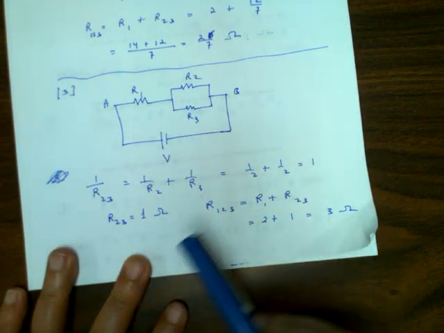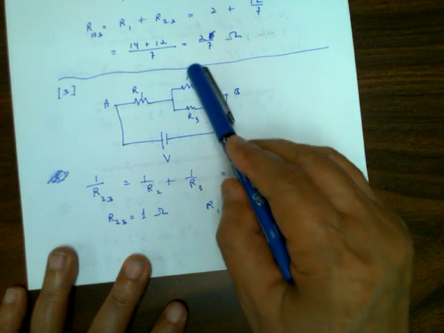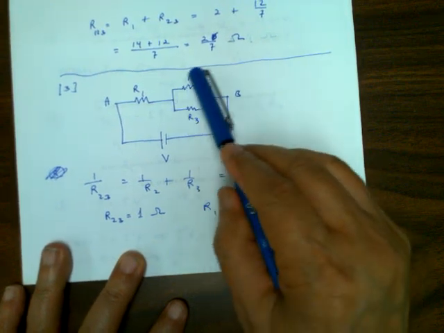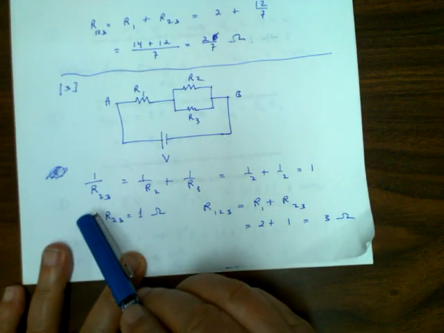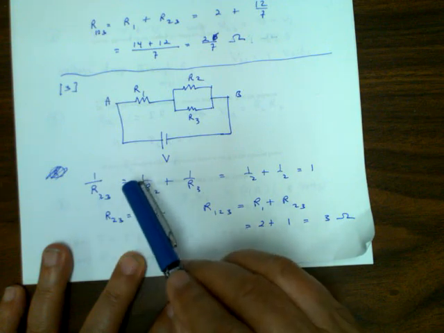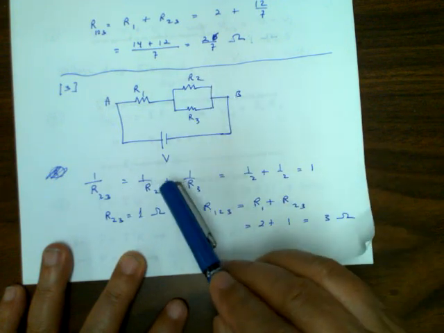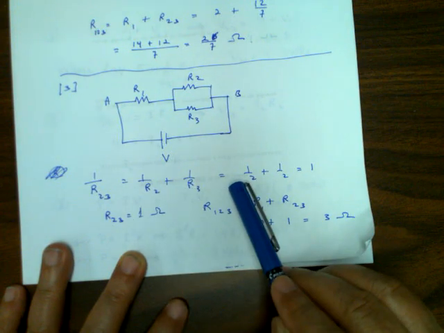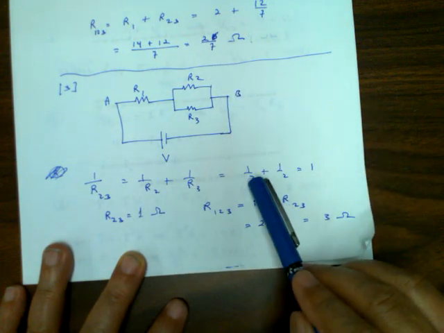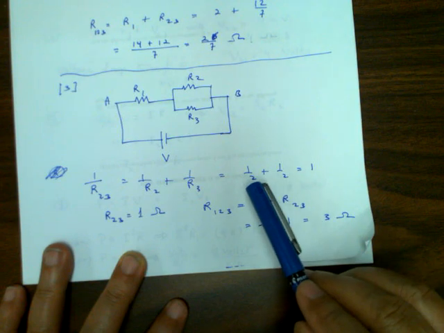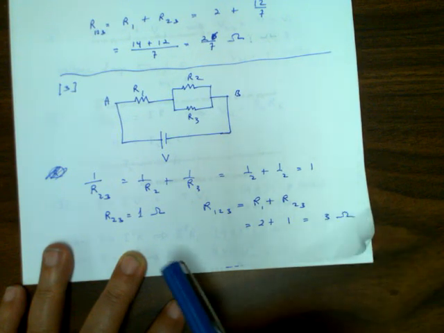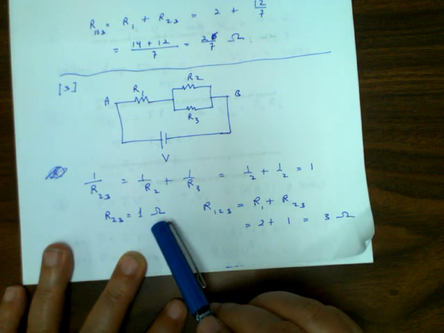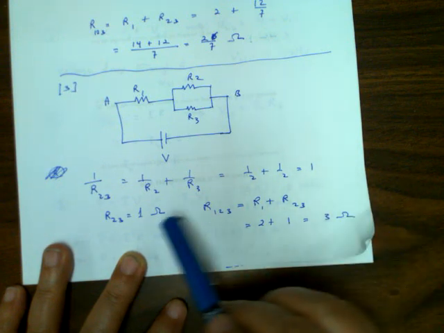I don't put the numbers in yet. So this R2 and R3 are in parallel. So I use this inverse formula. 1 by R23 is equal to 1 by R2 plus 1 by R3. Here R2 is 2, so 1 by R2 is half, and 1 by R3 is half. So half plus half, you get 1. So R23 is just 1 ohm, because when you invert 1, you get 1.